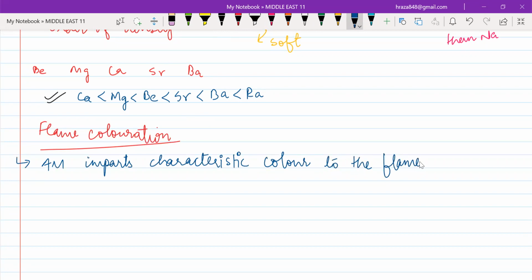This flame has energy. Due to low ionization energy, its valence electron gets excited.